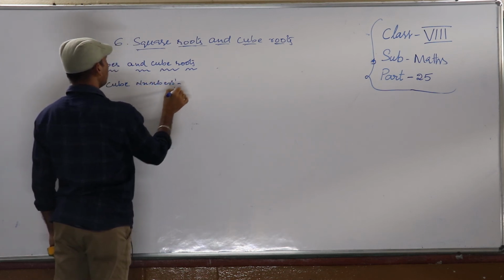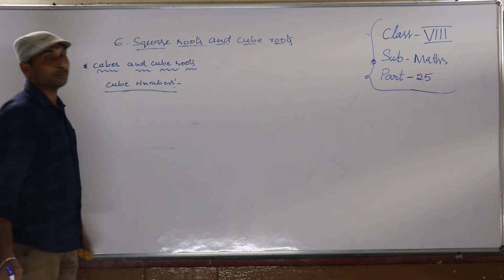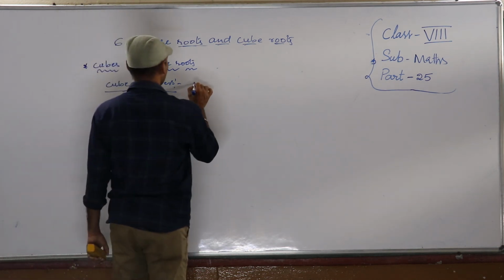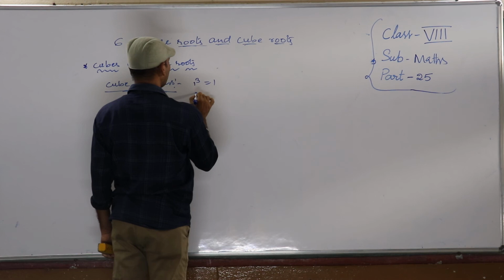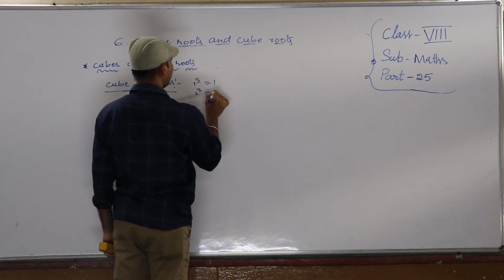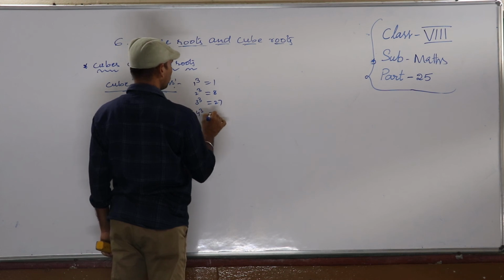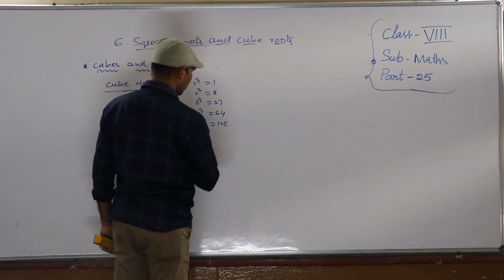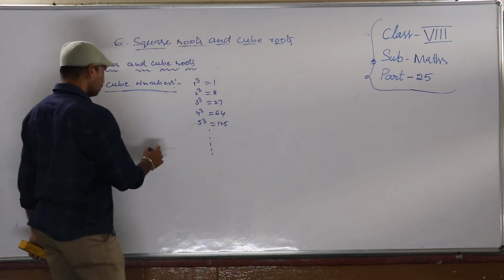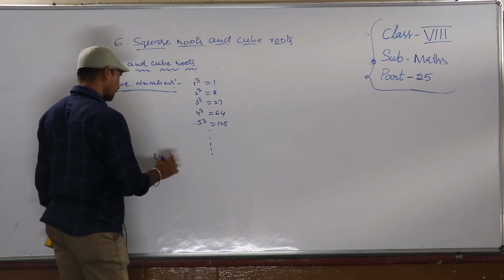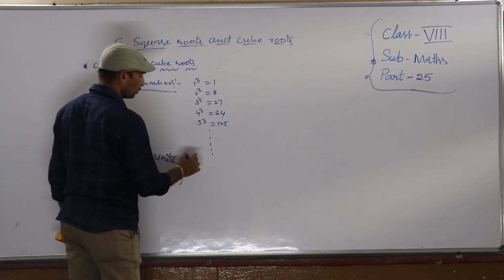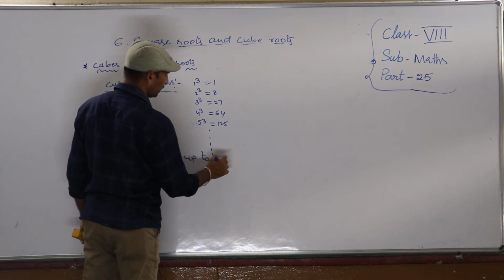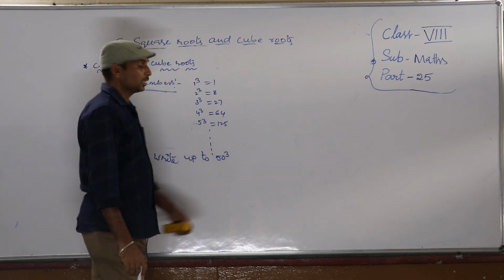You have to learn up to 50 if possible. 1 cube is equal to 1, 2 cube is equal to 8, 3 cube is equal to 27, 4 cube is equal to 64, 5 cube is equal to 125. Similarly you write up to 50 cube, okay?